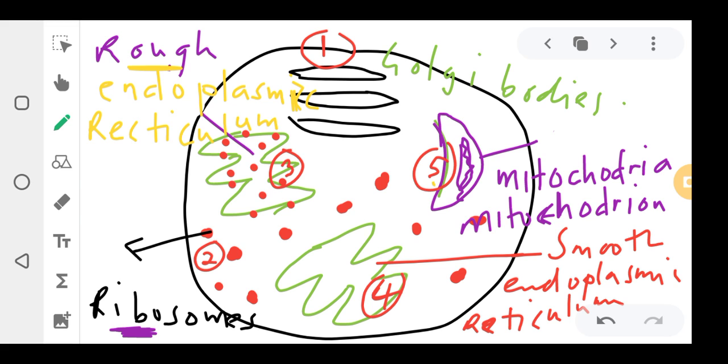It is rough endoplasmic reticulum. Responsible for the transportation of lipids, smooth endoplasmic reticulum. Golgi bodies are used to transport proteins from point of synthesis to point of reaction.